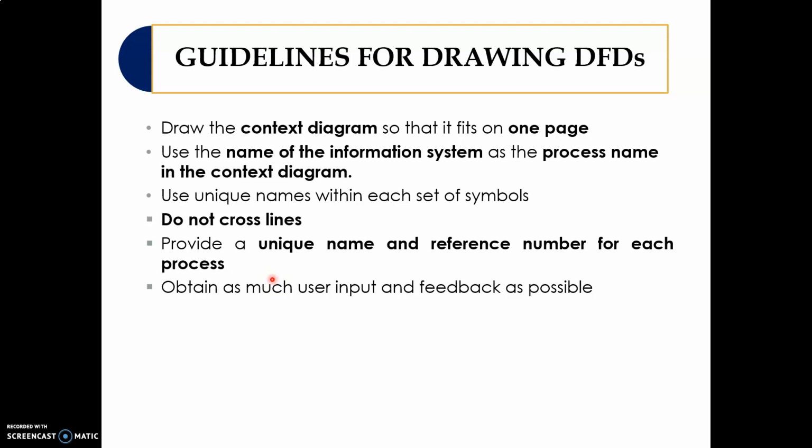So basically, on a lower level diagram with multiple processes, you should not have more than 9 process symbols. If more than that, you need to reconsider your analysis. Another way to avoid crossing a line is to duplicate an entity or data store. So basically you need to provide a unique name and reference number for each process.